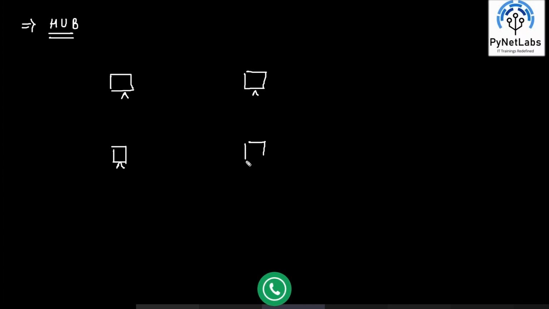So let's say there are 4 PCs connected, A, B, C and D. All these PCs are connected with a hub. Just for information, hub is no longer in use and only switches are used now. Why this hub is no longer in use, we are going to discuss now.